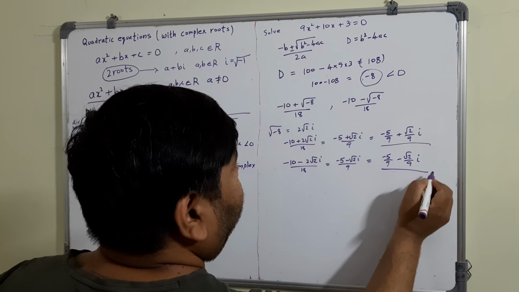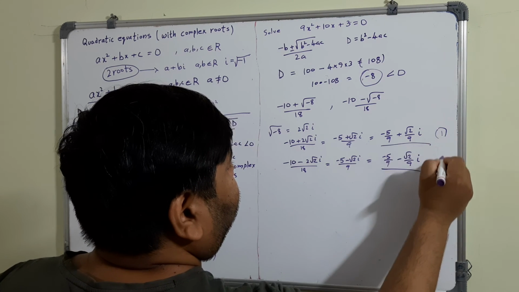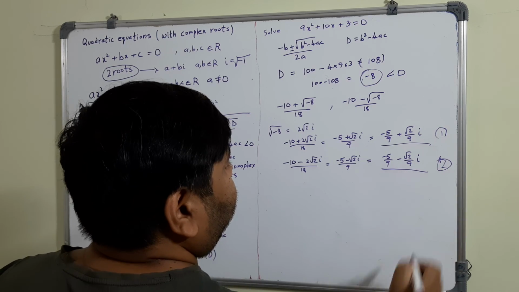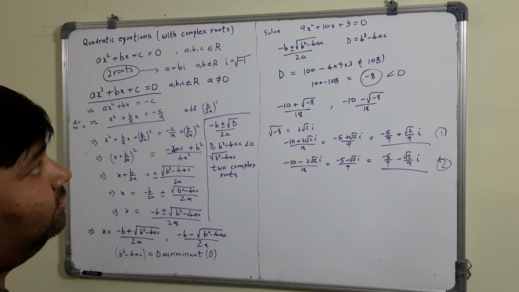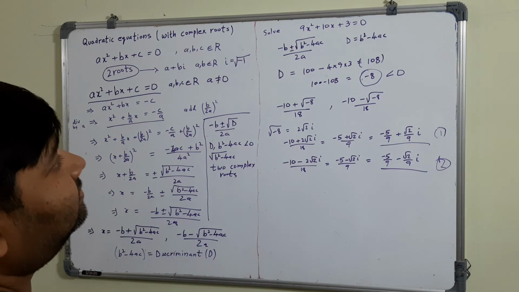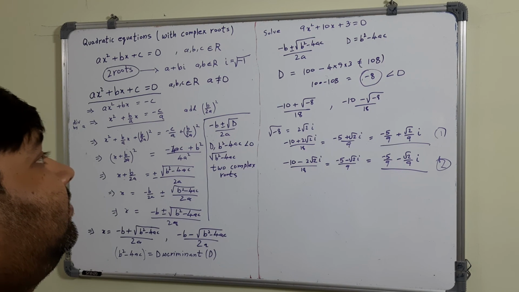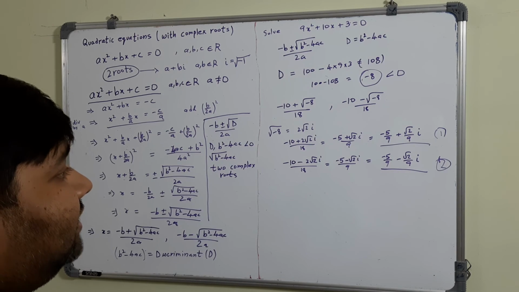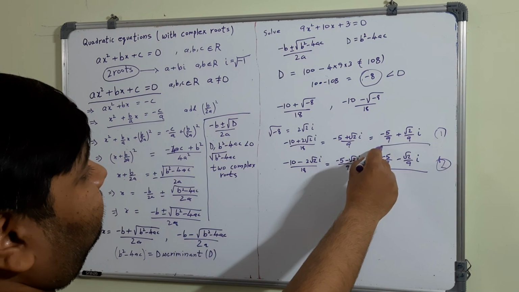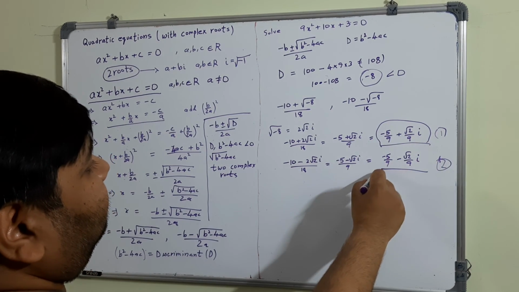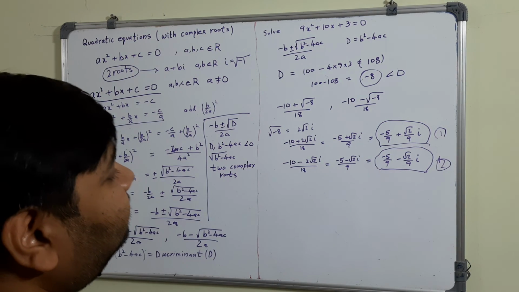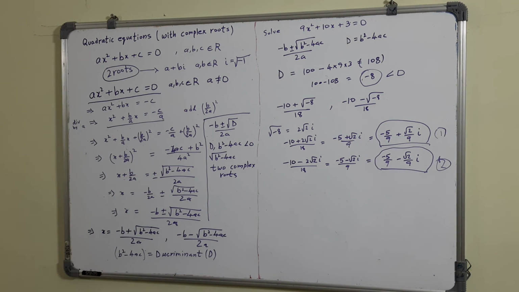So this is the second root. So we have the two complex roots of this quadratic equation, 9x squared plus 10x plus 3 equals 0.